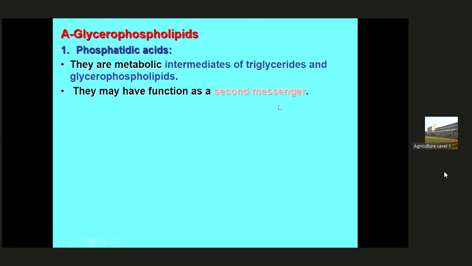Messenger means a compound that carries messages. In the human body or in the plant body, the messenger is called a hormone, which carries the transmission from one place to another. It has a target group. A hormone is produced from one cell and its target cell is different.